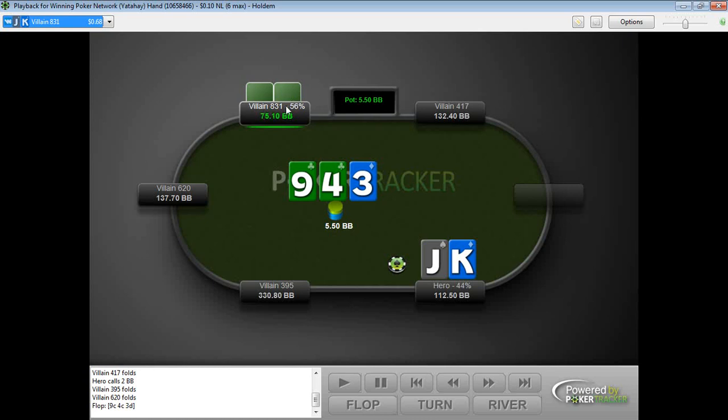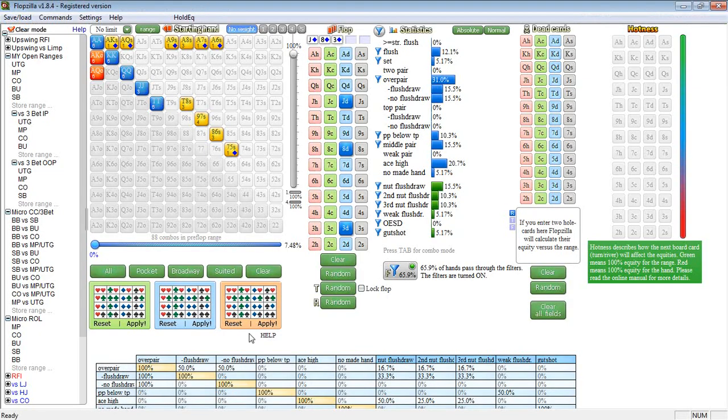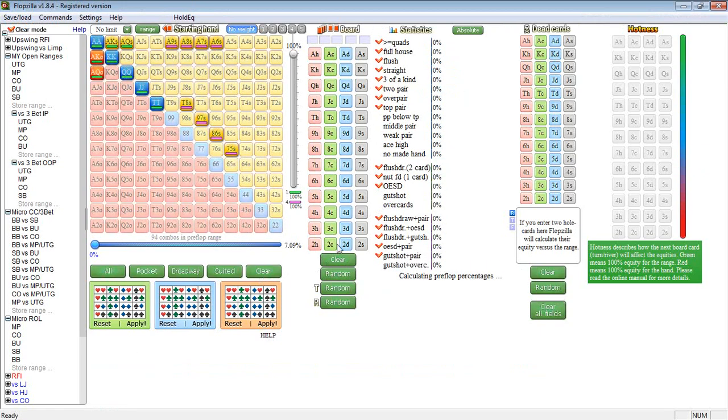Now his stats here, let's just take a quick look at what his range would look like. We actually had stats for him, 397 hands. He was a 27-15. So let's give him a 15% PFR range.